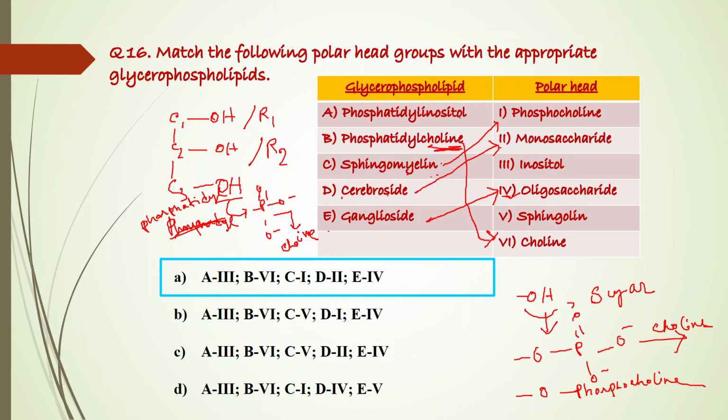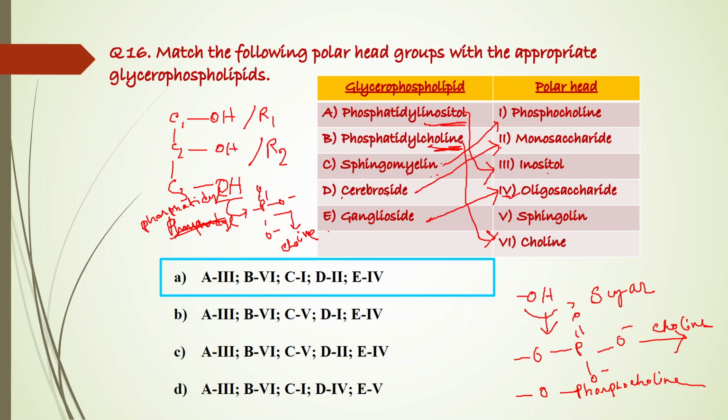And the first one is phosphatidylinositol. Again from the name, up to the phosphatidyl part it is the same, but after attaching the phosphate group, instead of choline, now we are attaching inositol. So our A should be matched with 3.